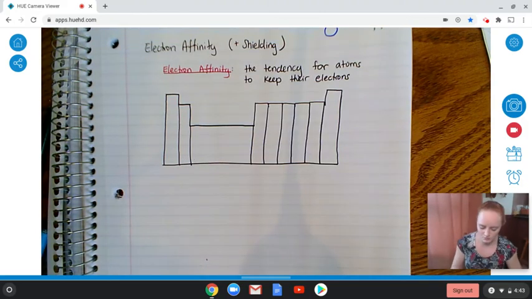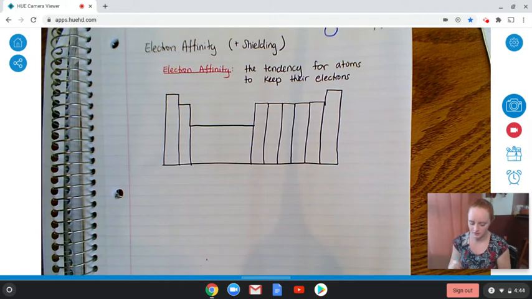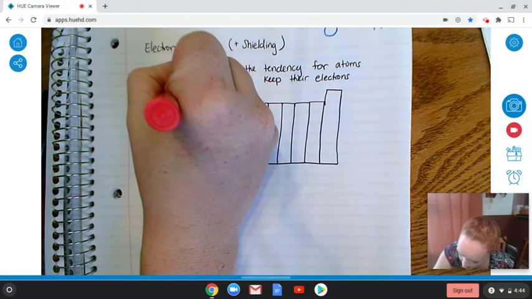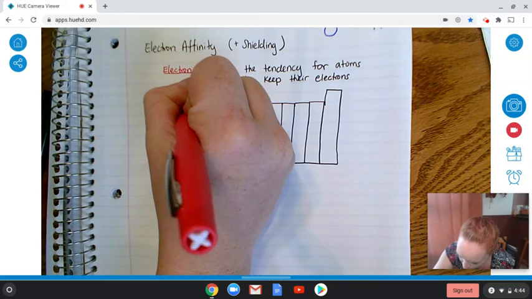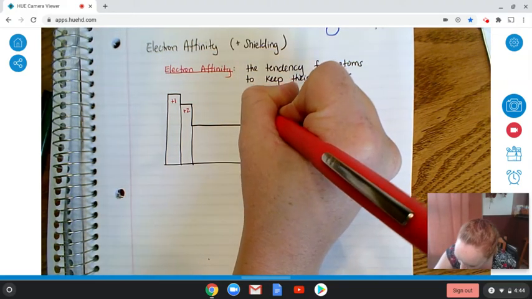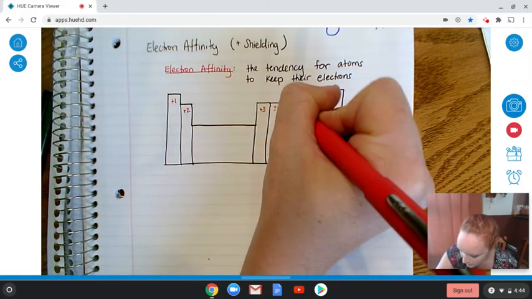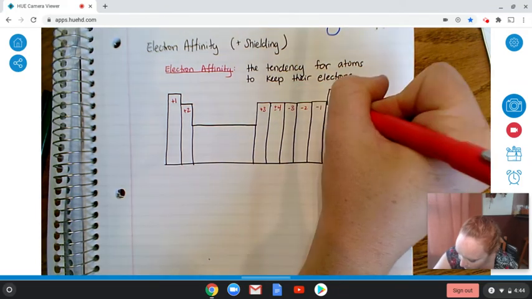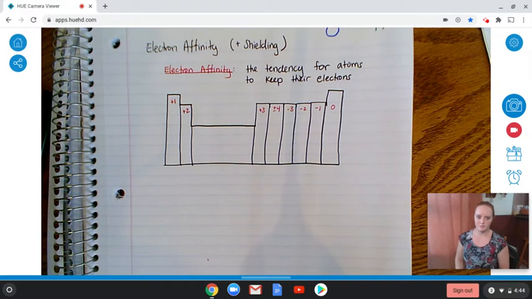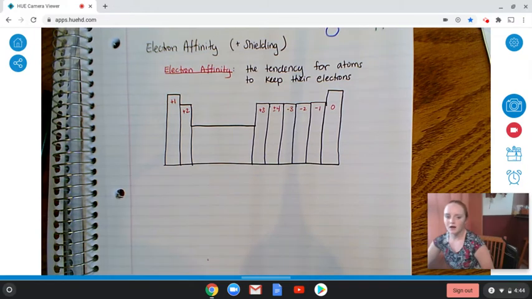In column 1, the common ion was +1. So column 1 tended to gain a +1 charge, then +2, +3, +-4, -3, -2, -1, and 0. So those were our common ions.